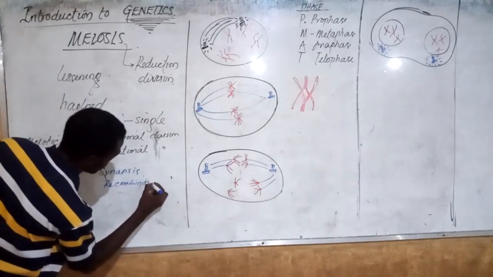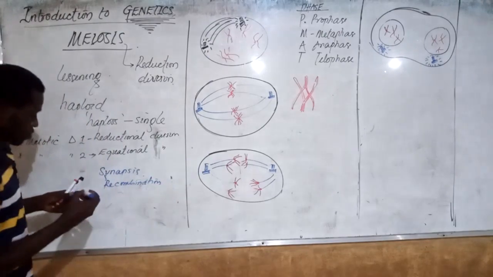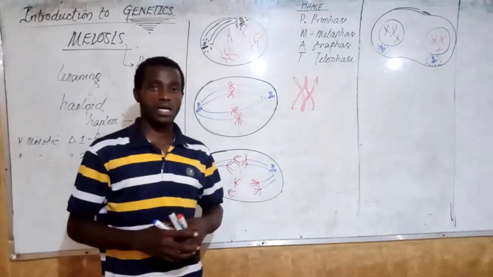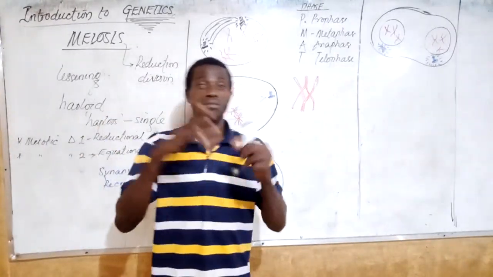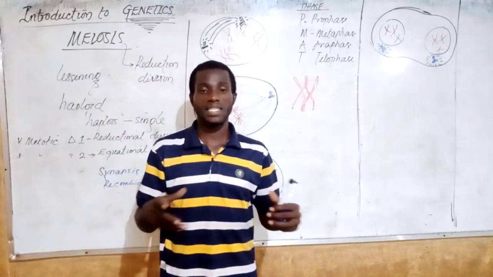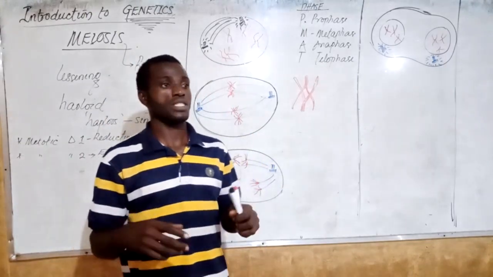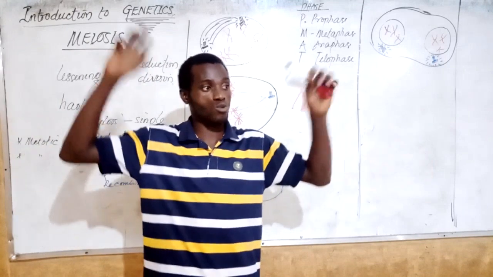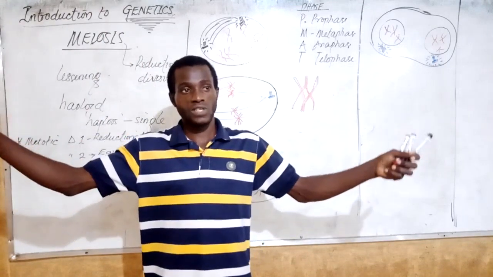Now, after the recombination, they migrate along the spindle fiber formed by the centriole, which has already moved to the two polar ends of the cell.